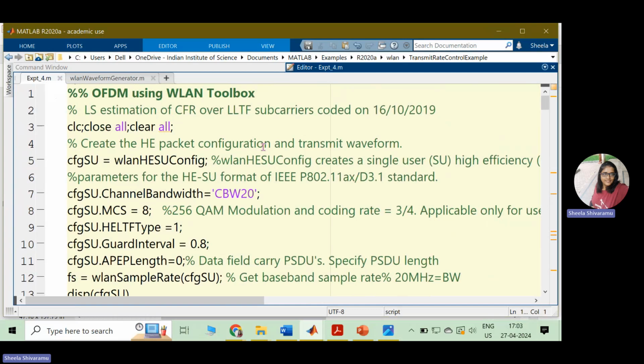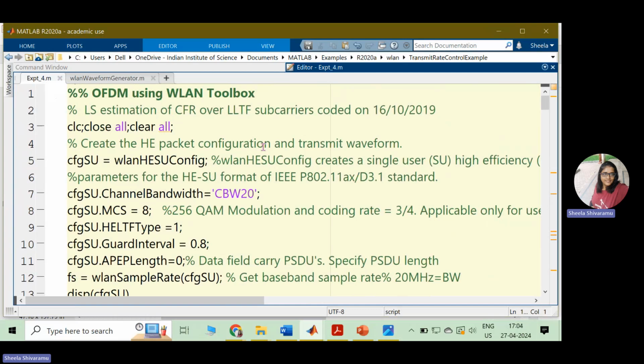They are also called midambles in a high velocity scenario, when the receiver is moving. Then the HE-LTF field, the midamble, is used for channel estimation. This is because LLTF field estimation happens only once at the beginning of the preamble. But when there is velocity, because of the Doppler, the channel may vary fast, right?